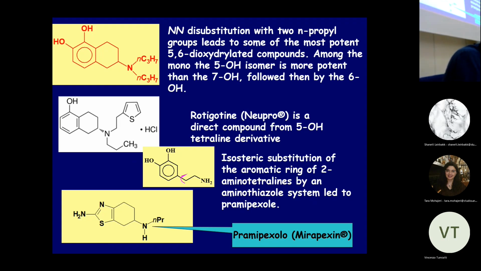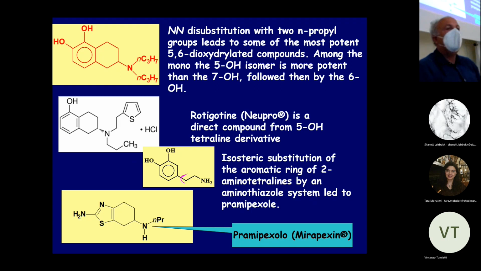So also pramipexole represents a direct drug of aminotetraline, but the catechol ring is replaced by aminothiazole ring.